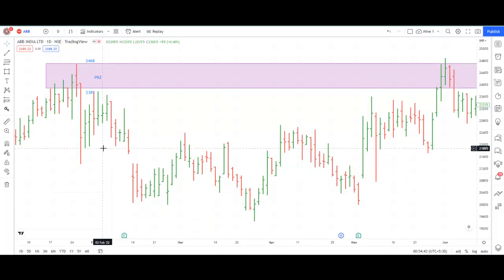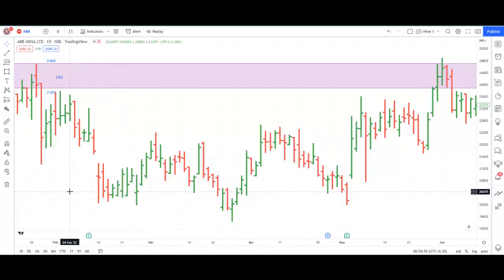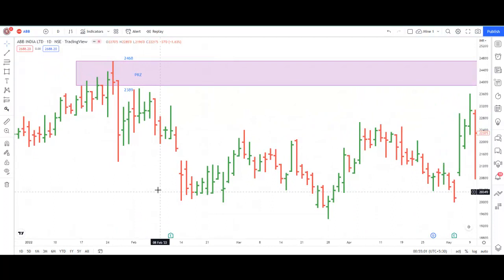Now let us quickly look into the price support zone as well. The stock price, after getting rejected here, started coming down. It reached a low here, but the lowest close was on this bar. I will expand it or zoom for more clarity.